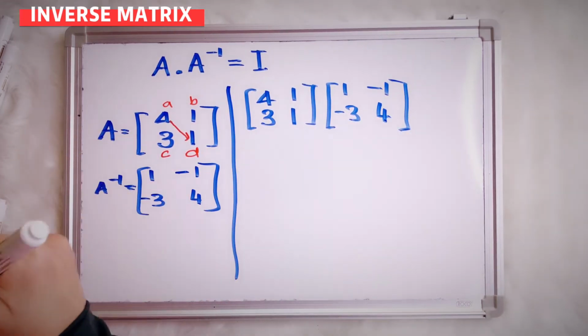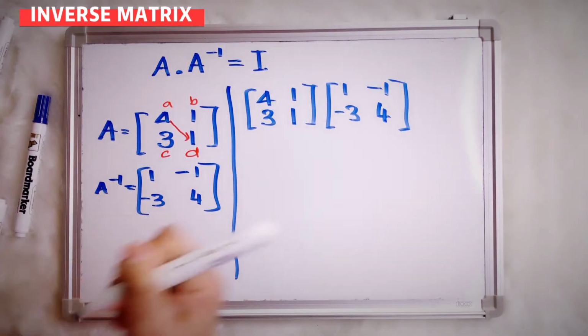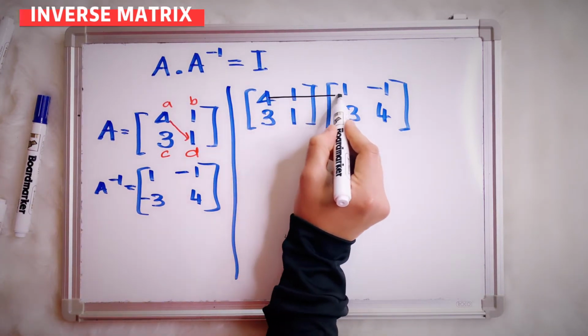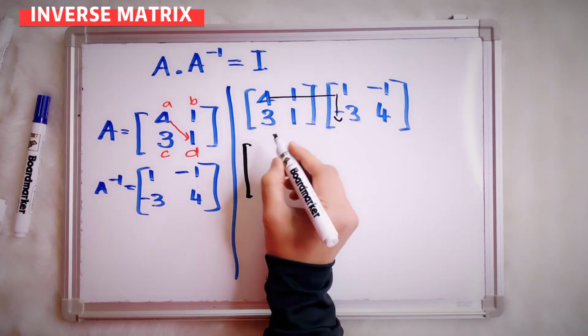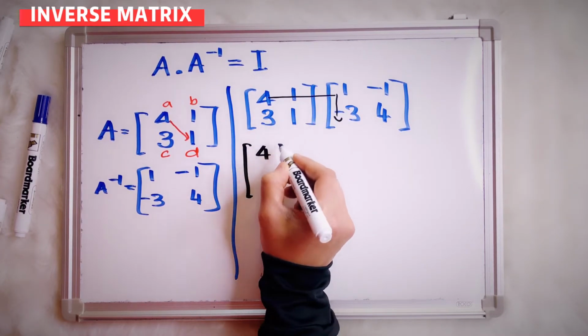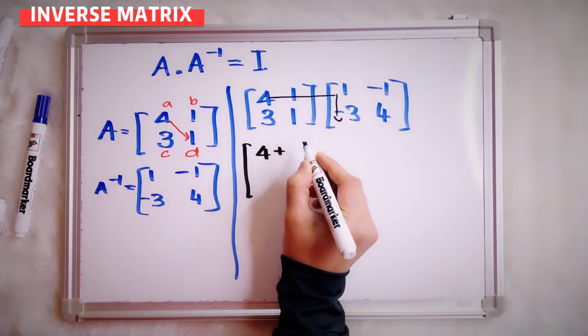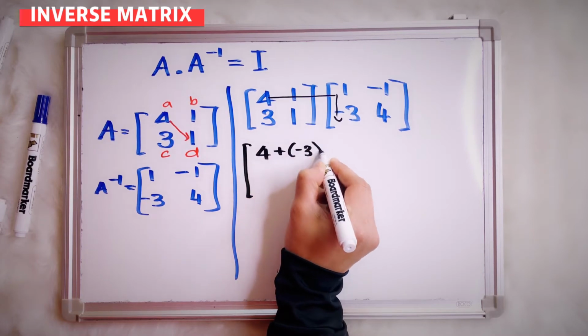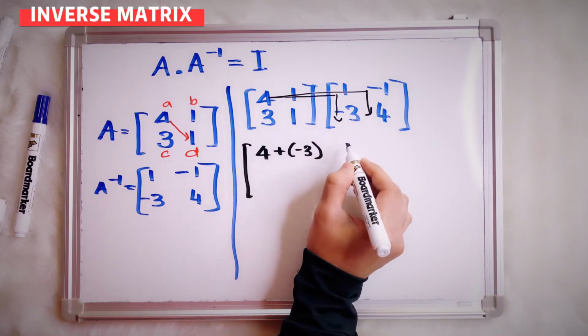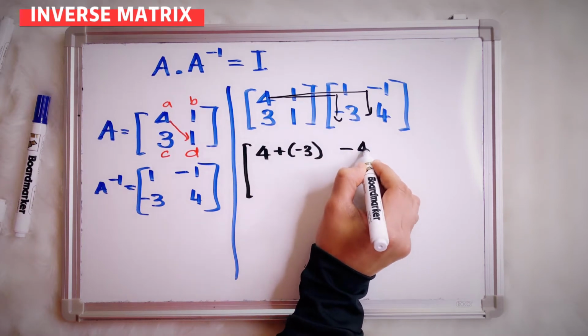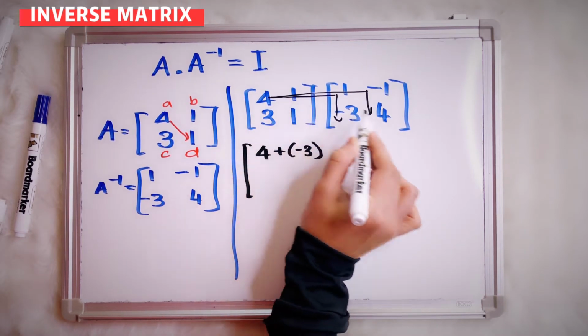So now, 4 times 1 is 4, plus 1 times negative 3, negative 3. So 4 times negative 1 is negative 4 plus 4.